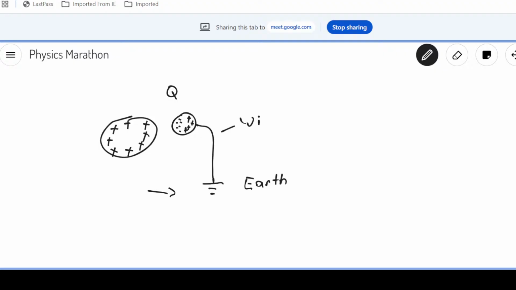Right, so it would have a charge of zero. So even when you split the charges, the negative to one side and the positive to the other, it's still zero because it still contains the same amount of each charge. But now if electrons are being attracted to the positive side, what's going to end up happening to Q?